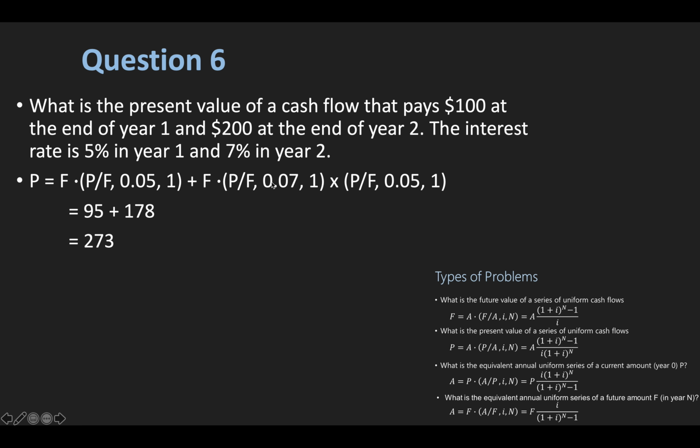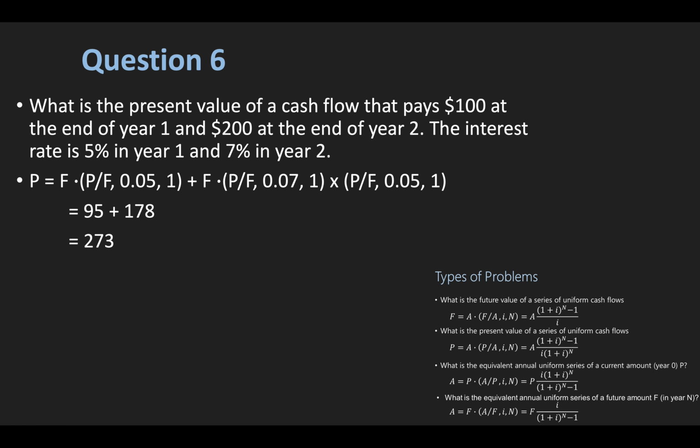So this is basically 200 divided by 1.07, right? Now we converted it, but it's still at the end of year 1, right? Because we only converted back 1 year.